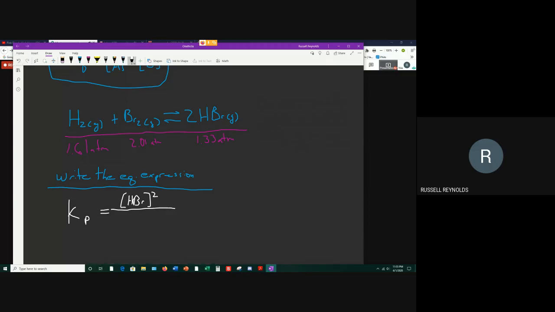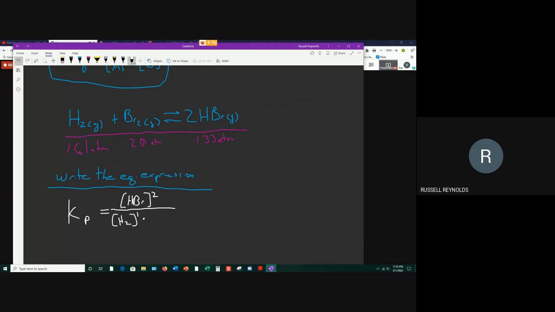Over the reactants, so our first reactant is H2, and we're going to have that to the first power because there's a 1 in front of that H2. We just don't write it, but there's a 1 there.